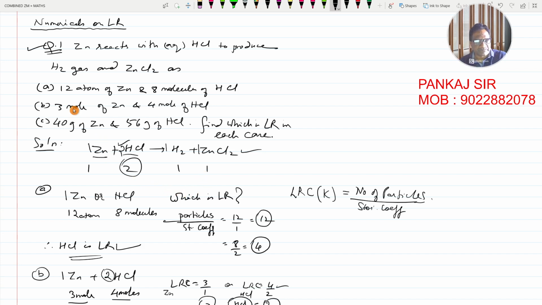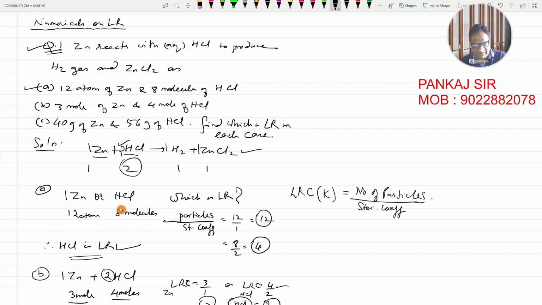Now let us first start with scenario A. In scenario A, 12 atoms of zinc and 8 molecules of HCl are combined. Now you have to see which one is the limiting reactant. Either one can be the limiting reactant, either zinc or hydrochloric acid, and you have to decide on that.